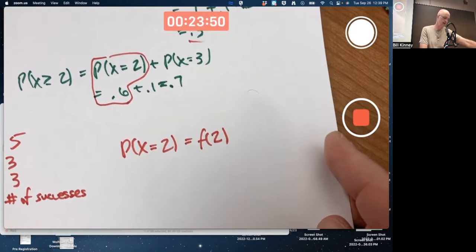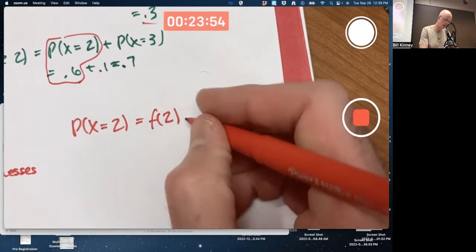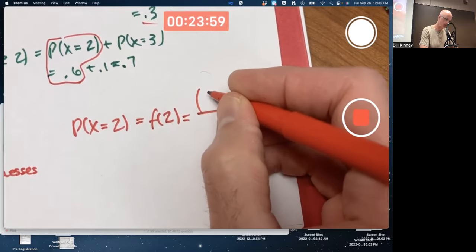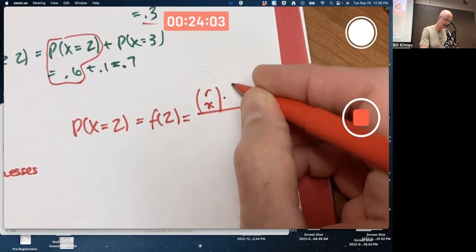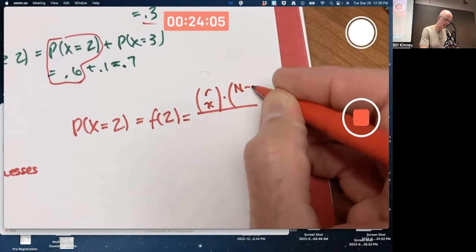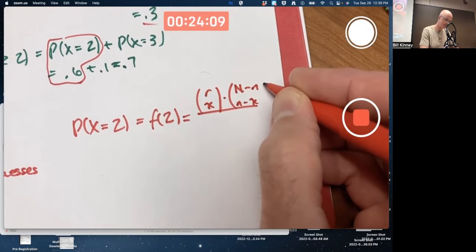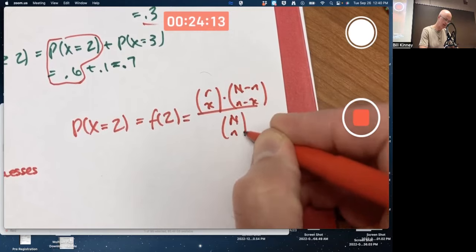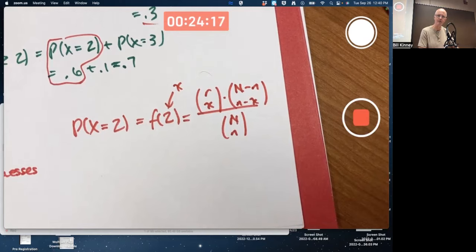Let's use the formula. I'll just write down what the general formula is, and then I'll plug the numbers in. The general formula is a fraction where the numerator is r choose x times capital N minus little n choose little n minus x, divided by capital N choose little n, where x is 2 here. So we're after the probability of 2 successes.